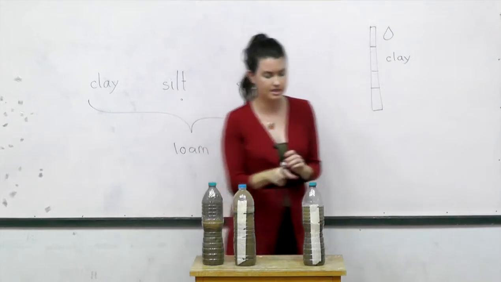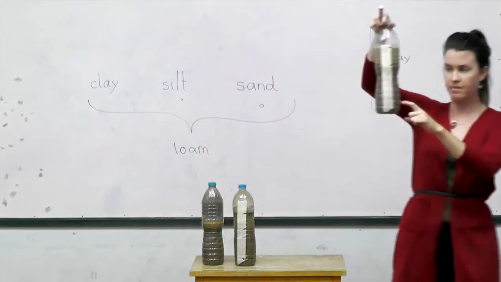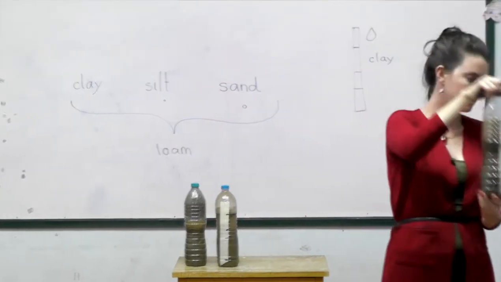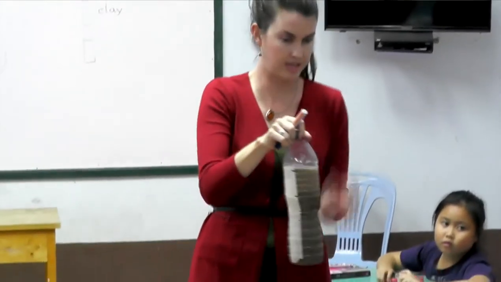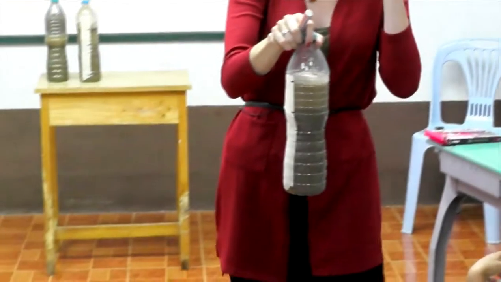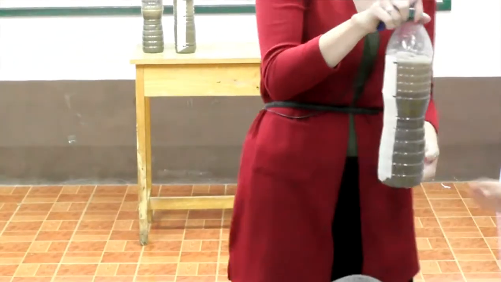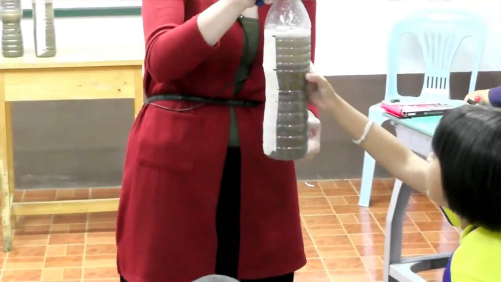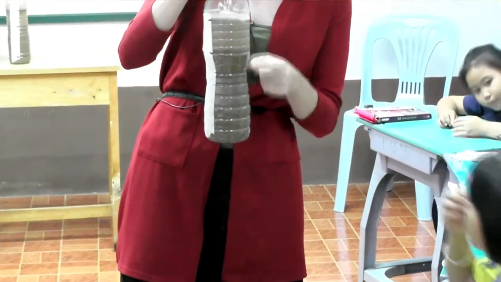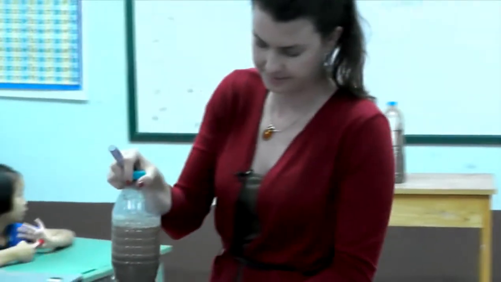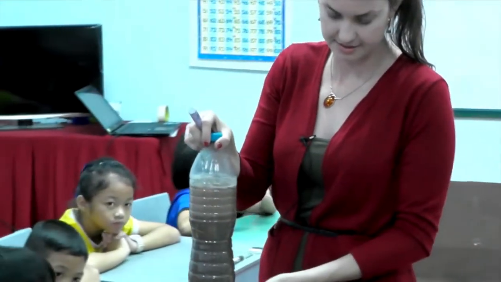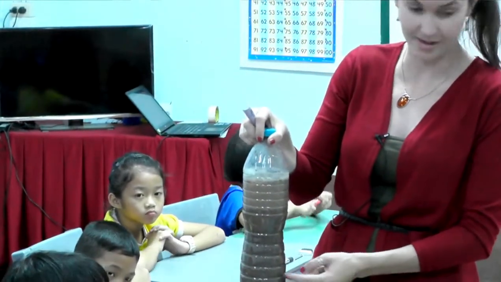All right, take a look at the very bottom. Can you see the little tiny pieces? Yeah, up here we can't, but down here, can you see the little pieces? Yeah, they're big, right?